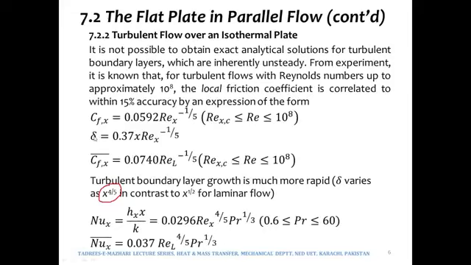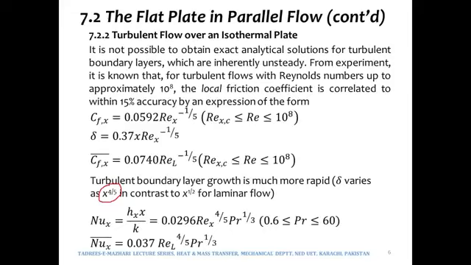Those expressions mentioned over here hold good only when the flow is turbulent over the entire isothermal plate, or if the laminar region of the plate is very small as compared to the turbulent flow region. So there may be two cases.